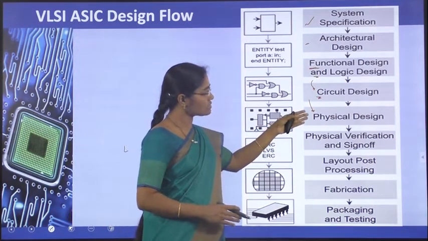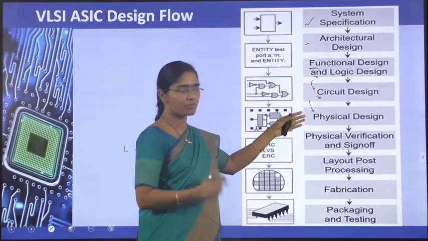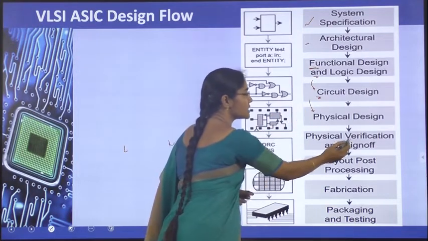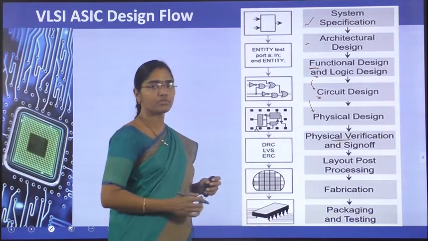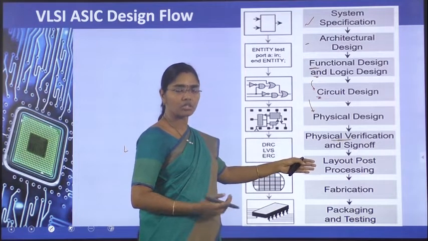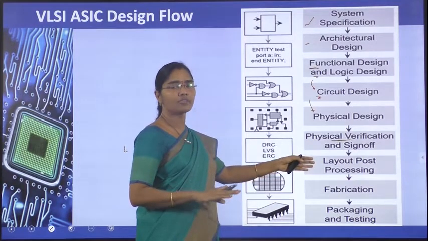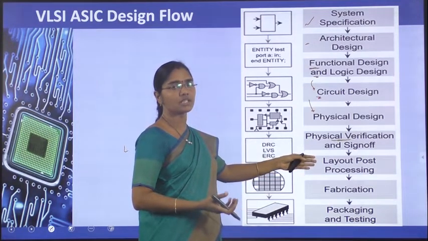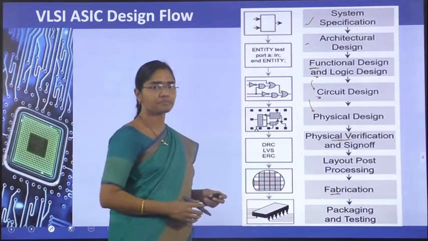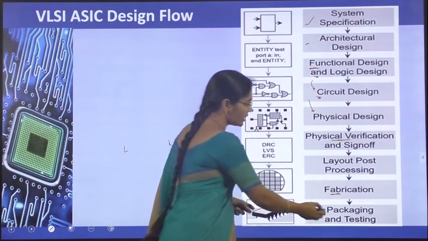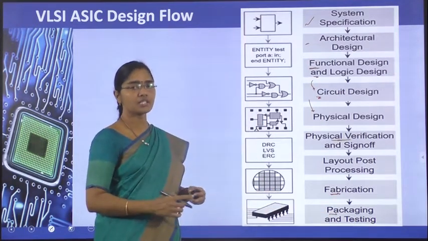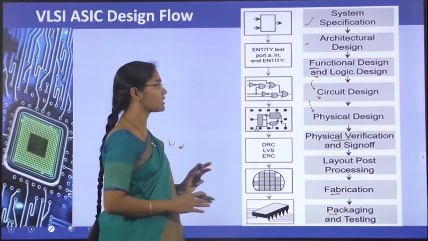By using all those sub steps, the physical design will be completed. Then verification at the physical level is also done, to check if it satisfies the system specifications. Then it goes to layout post processing. After post processing, if it gives the correct result, it goes for fabrication. After fabrication, it goes into packaging and testing. If it passes the test, it will come to the market.